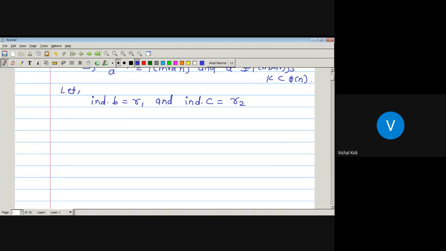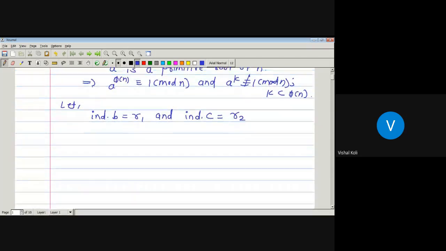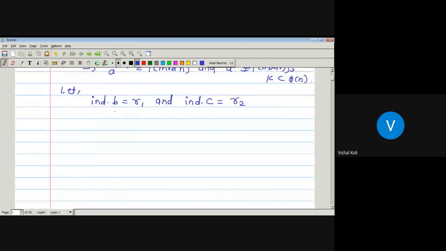As here we have taken index of b equal to r1 and index of c equal to r2, first we take r to be a, as we are given that a is a primitive root of n. So here we already have a primitive root, and index of b is r1 and index of c is r2. Then by the definition of index of an integer modulo n, a to the power r1 is congruent to which integer?